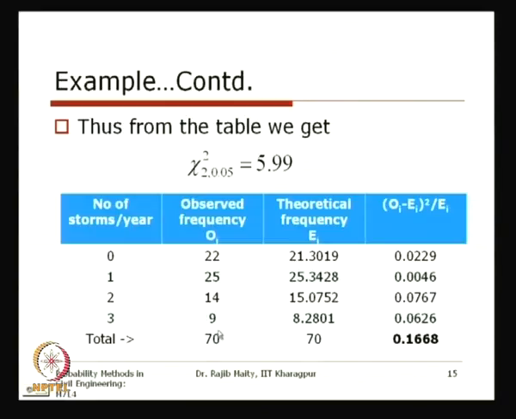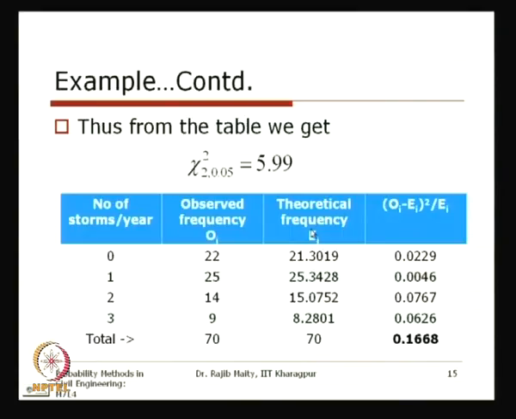So, we have combined them here to get the 9 years of data where it is greater than or equal to 3 rainstorms per year. So, we have avoided the one occurrence becoming 3, which is less than 5, and the right side is kept open.